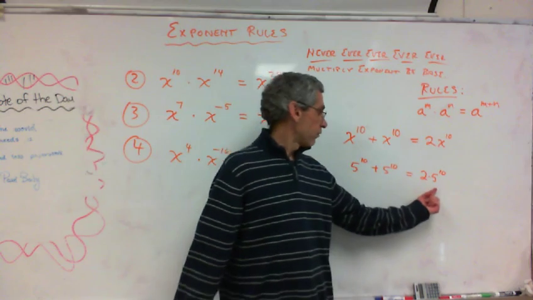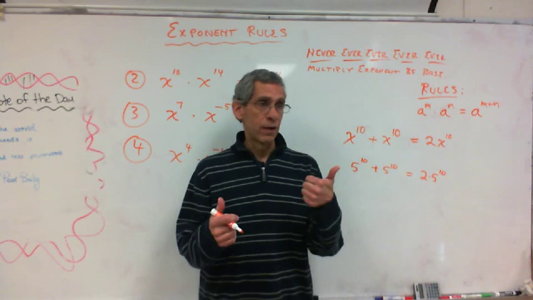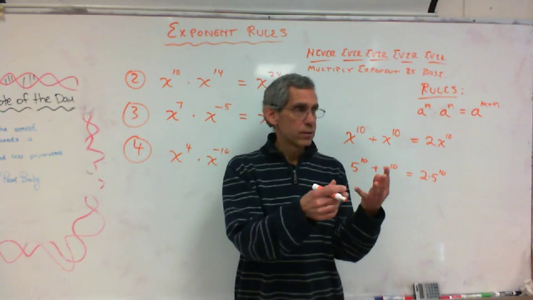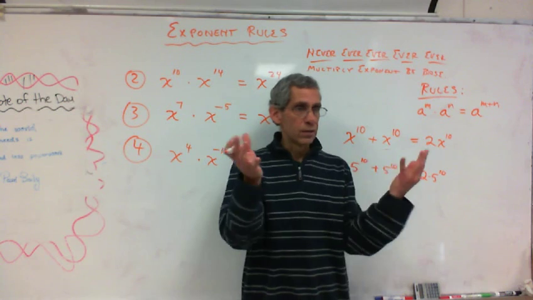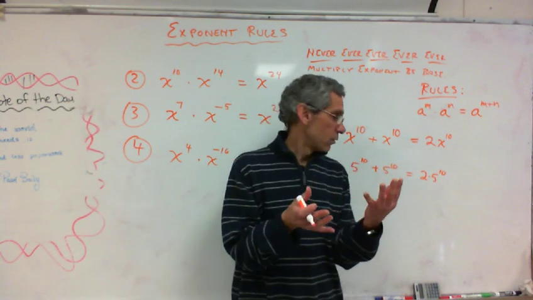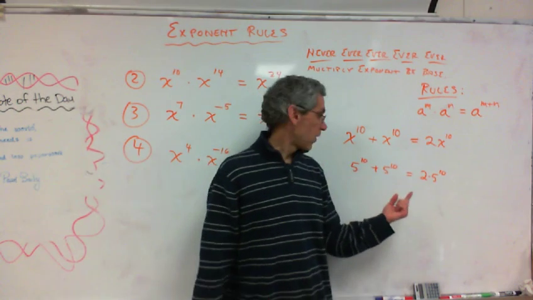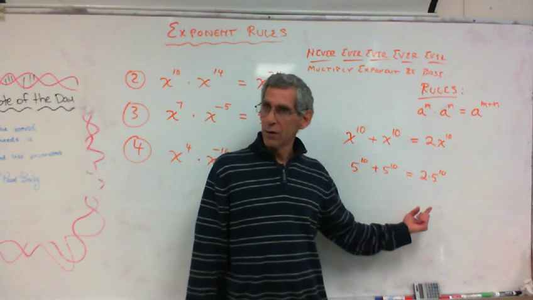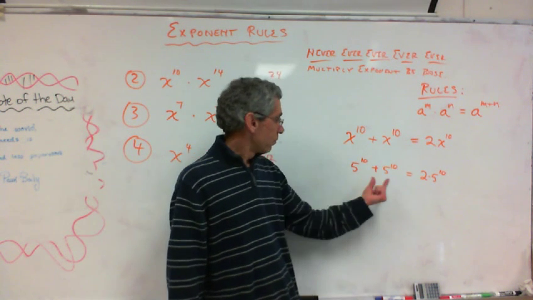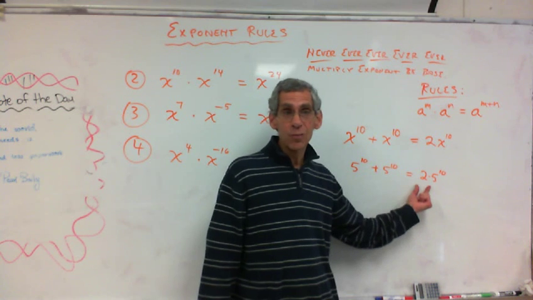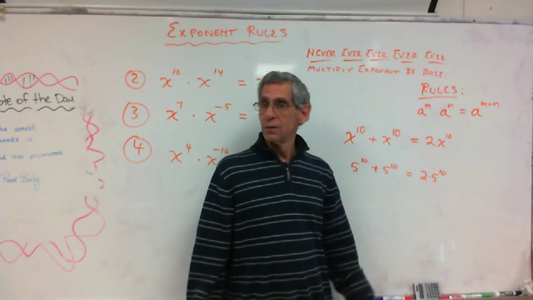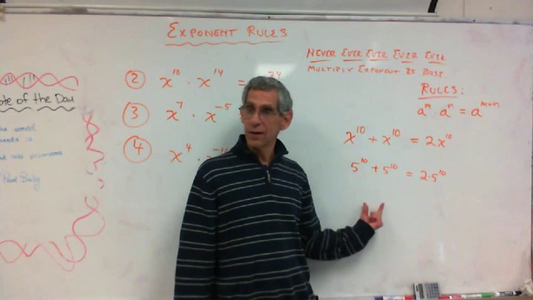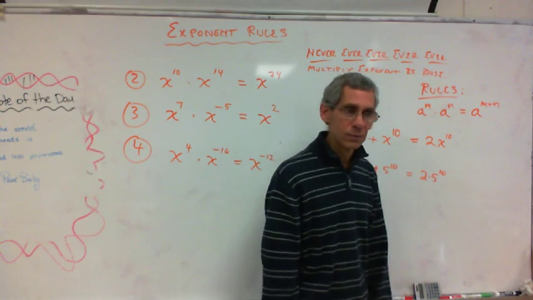I could figure out what 5 to the 10th power is by 5 times 5 is 25, times 5 is 125, times 5, you know the rest, because you know your times tables. But 5 to the 10th power will get to be a very big number. I could figure it out, and then we just multiply it times 2, because we have 2 of those very big numbers, 5 to the 10.